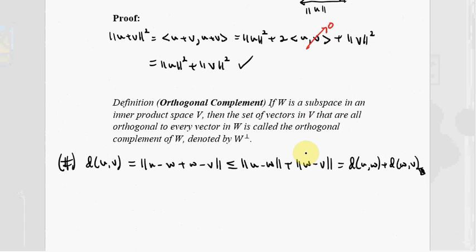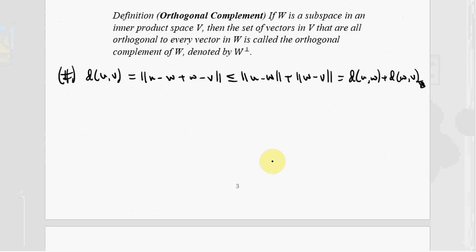What about the orthogonal complement? The orthogonal complement simply says that if you have some subspace we call W, which exists in some bigger space, some inner product space V, the set of vectors in V that are all orthogonal to every vector in W is called the orthogonal complement of W, denoted by W perp.